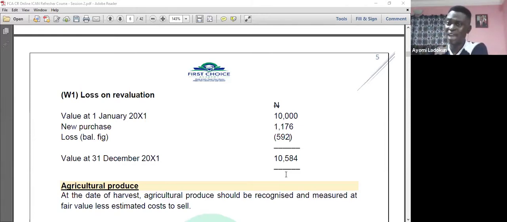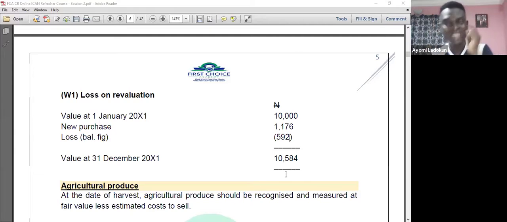After it has been harvested, IAS 41 will cease to apply because it becomes an item of inventory. And from that time, IAS 2 will apply, okay? The initial measurement becomes the deemed cost for the purpose of IAS 2. That's what you need to learn. So when you see bearer plants, IAS 16 will apply.